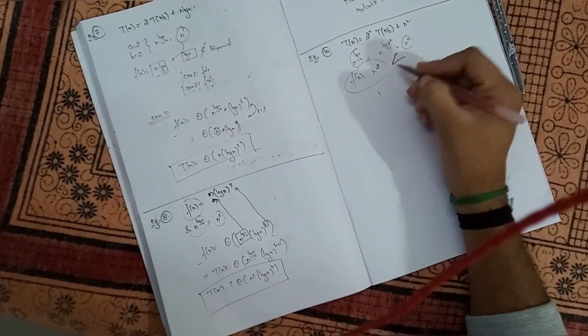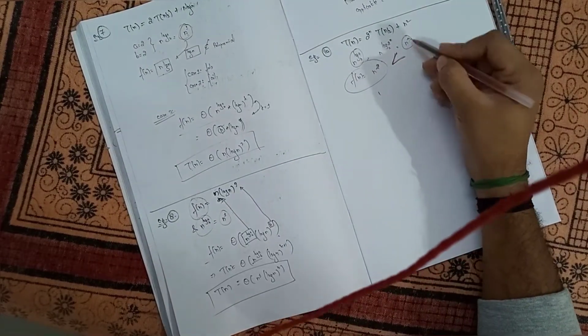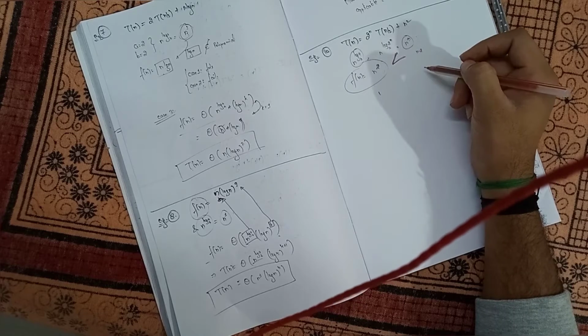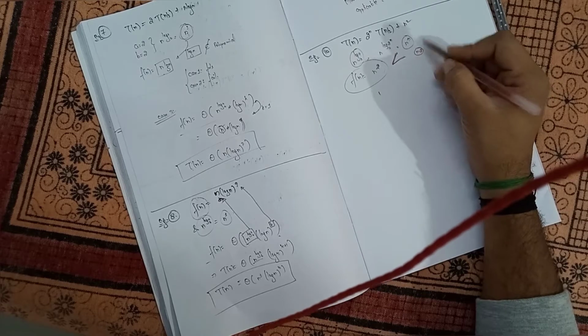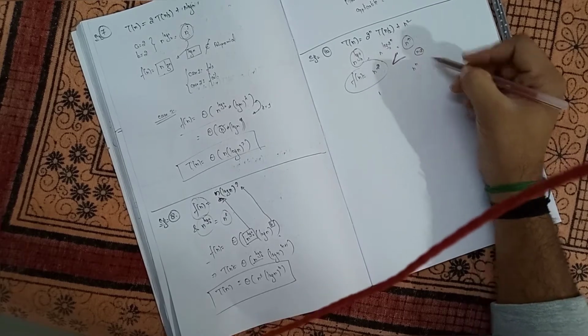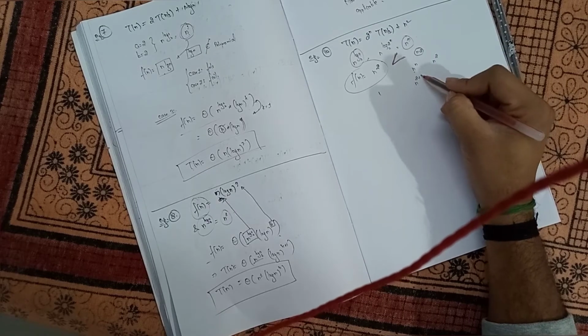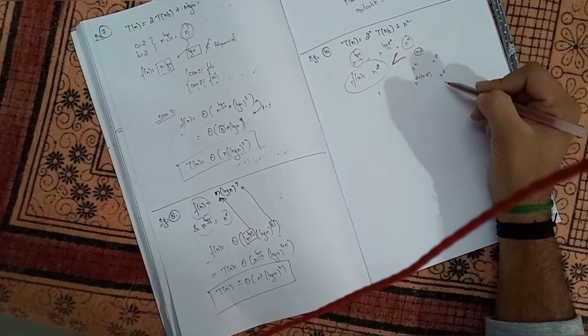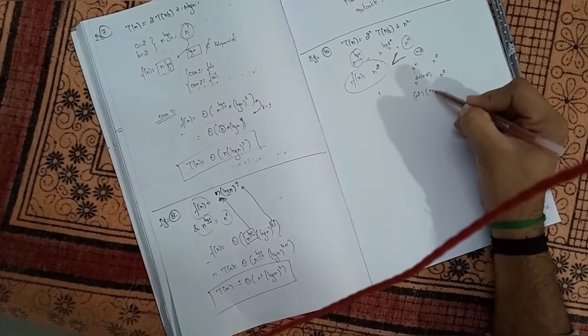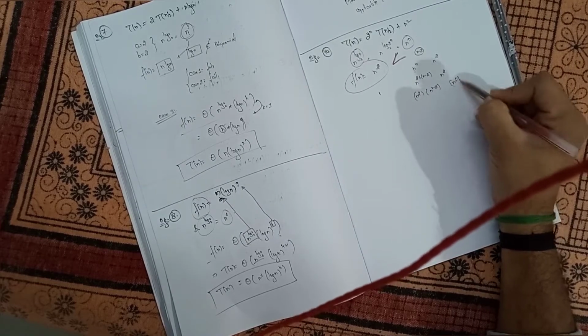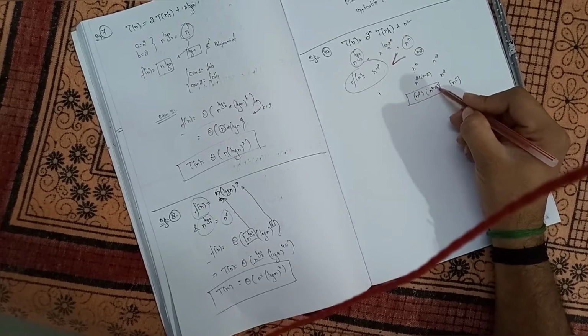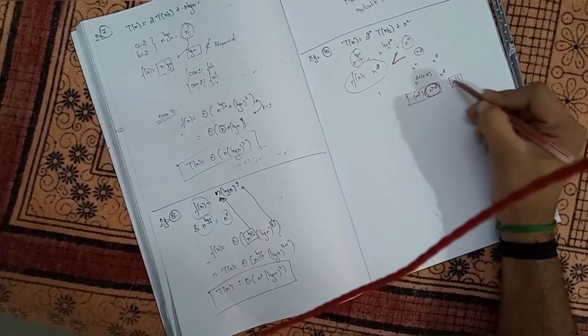Okay. Here the factor which makes it greater is n minus 2. What I'm trying to say is I'm comparing n power 1 and n power 2. So this is n power 2 plus n minus 2, which is n square. So the function on the left hand side is this much times greater than the function on the right hand side.